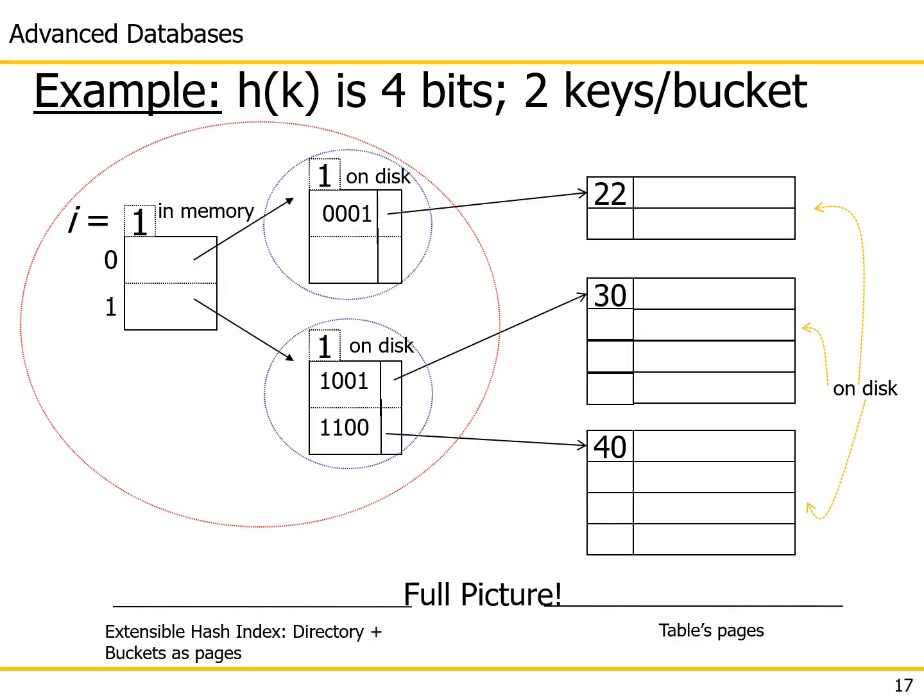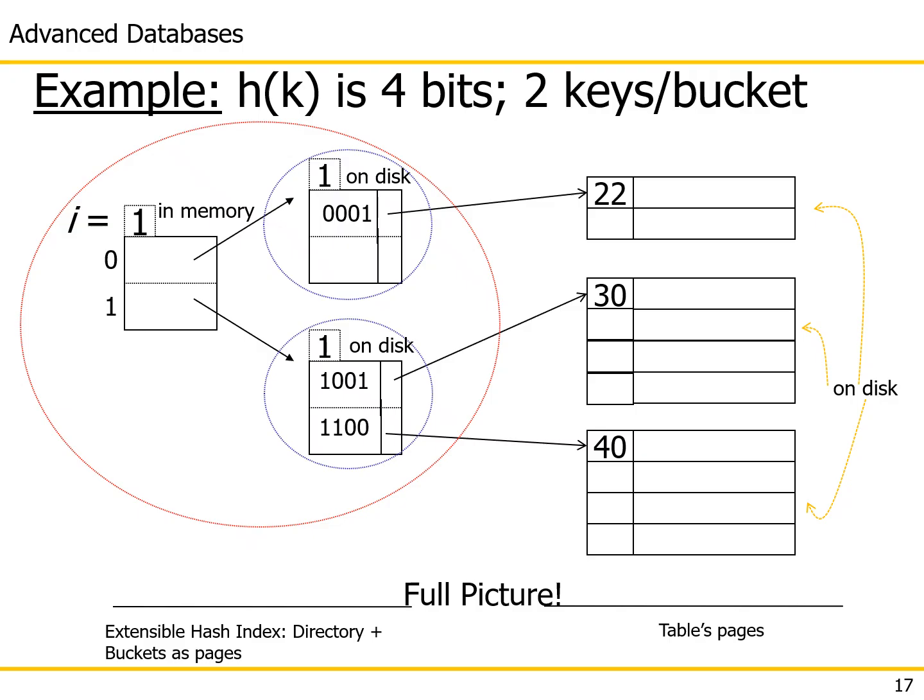Now, so again, here is the full picture of what I was trying to explain. What you see on the far right are the pages that belong to the table. We said we're going to cut the table into pages, where every page will hold a subset of the rows. And then we are building a hash index on this column that has 22, 30, and 40.